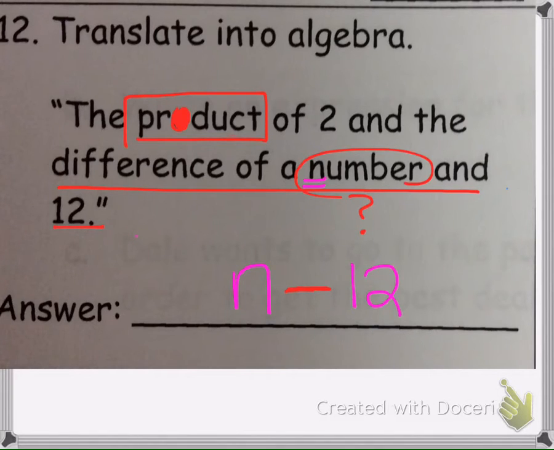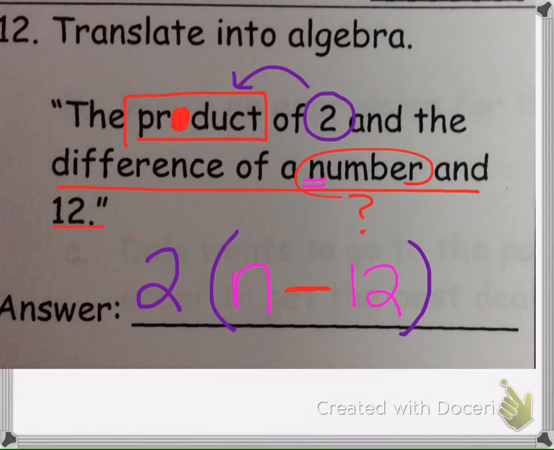Well, it says that 2 is being multiplied by that. So we need parentheses here, and then the 2 on the outside, because it says that the 2 needs to be multiplied by the difference, something that's being subtracted.